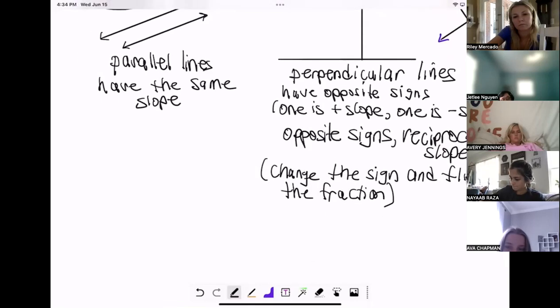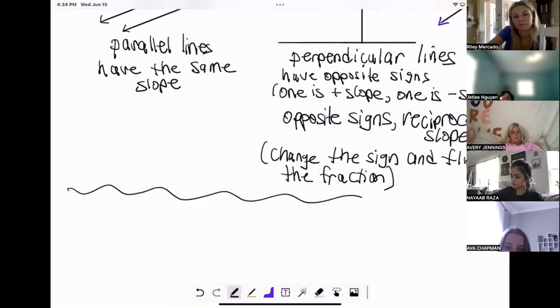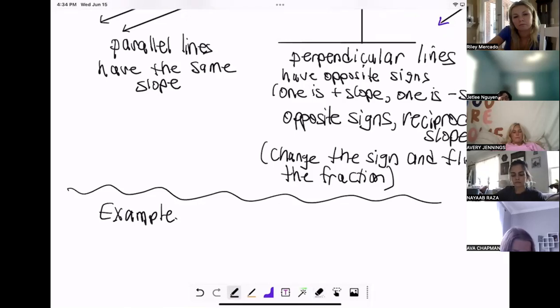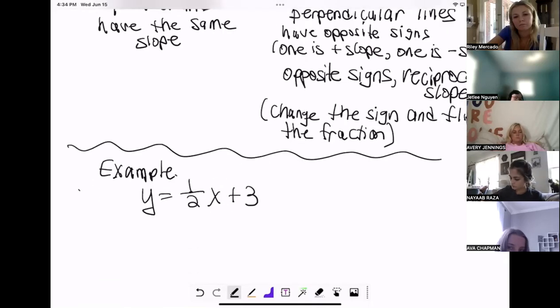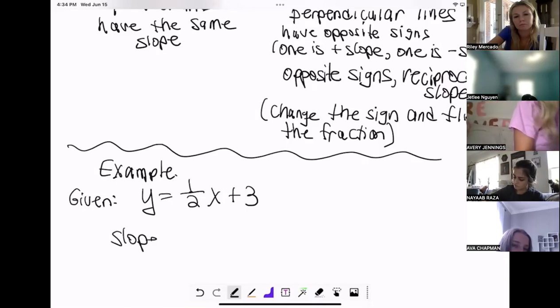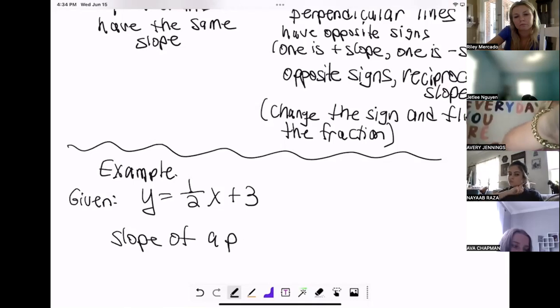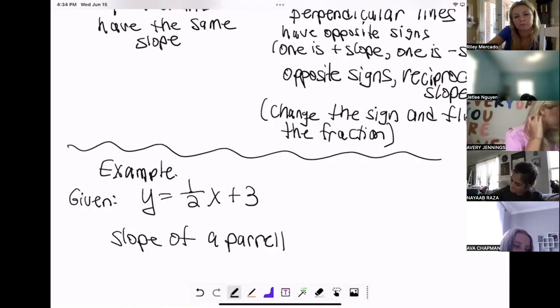So let's look at an example. I give you the equation of a line: y = 1/2 x + 3, right? That's my given. So I'm given this line. I want to find the slope of a line that's parallel to that. Wow, that's how you spell parallel.